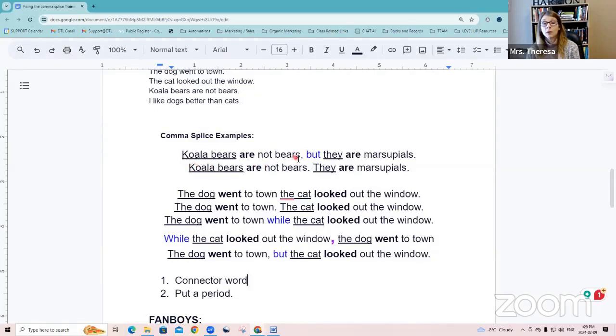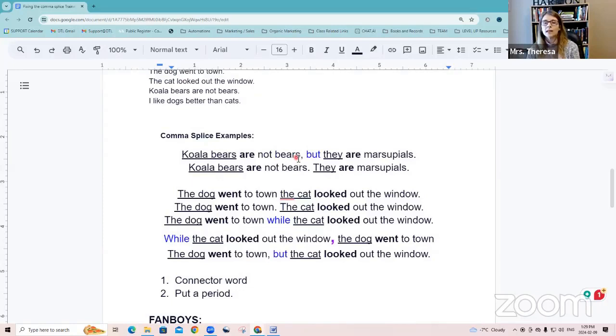Or if we don't have any punctuation, we would have a run-on sentence. And so we would be reading and we would think, koala bears are not bears, they are marsupials. That feels kind of like squished together, or maybe you'll read it correctly. Koala bears are not bears, they're marsupials. And you realize when you read it slowly that you pause there.